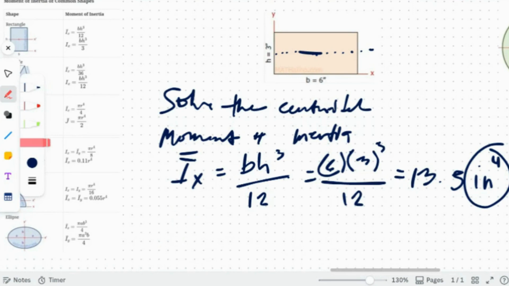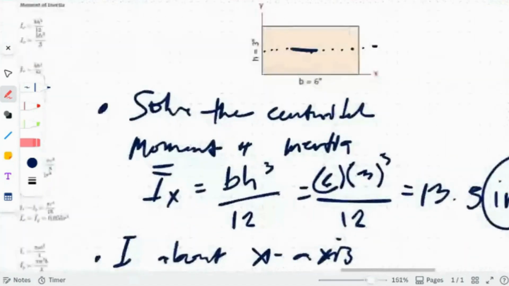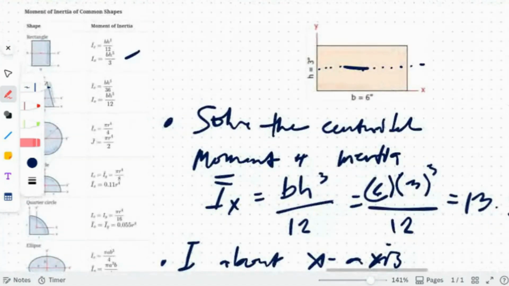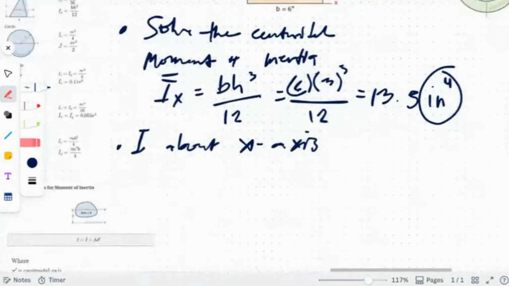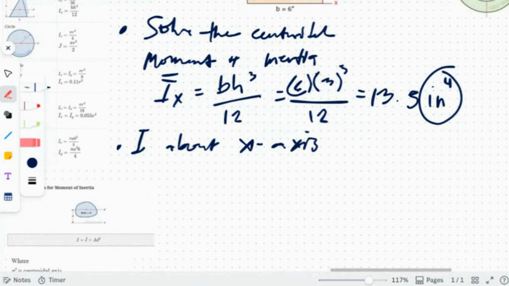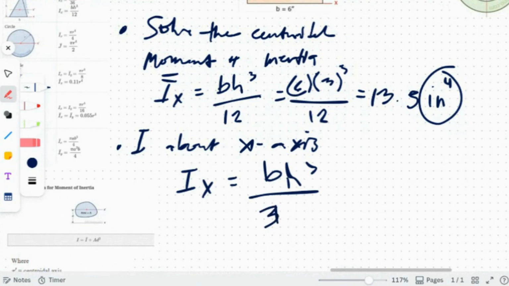Now, about the x-axis, we will use the second equation, bh cubed over 3. Ix is equal to bh cubed over 3.